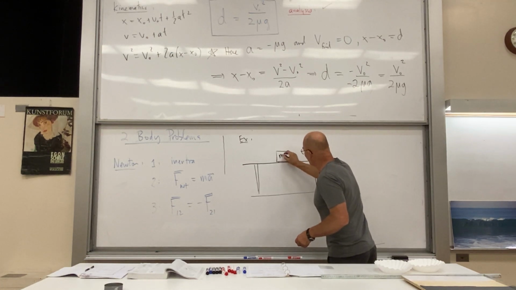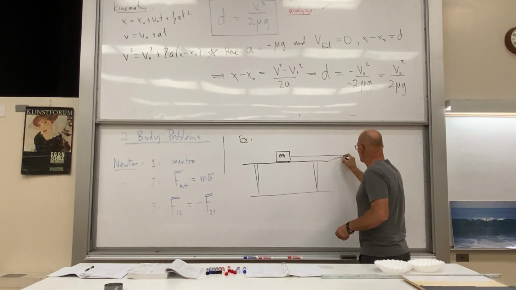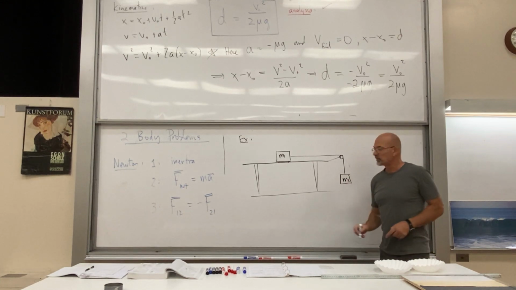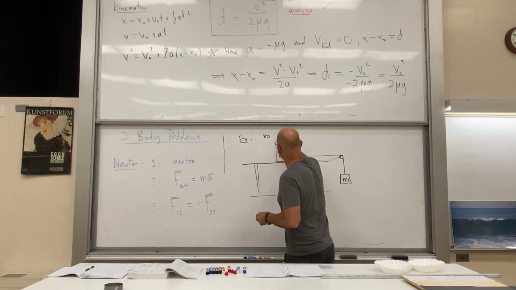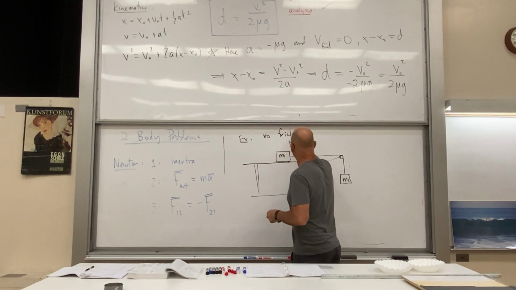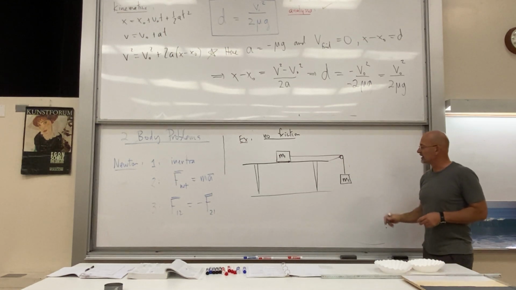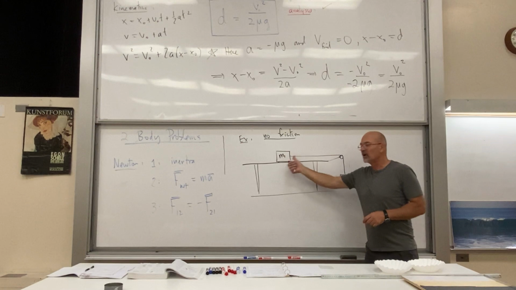And this is our M1, and what we do is we connect it via a string to a second mass M2. So we're going to start with no friction in this problem. No friction. It's the most important case. And what's going to happen here, well, M2 is going to drop and pull M1 across the table.